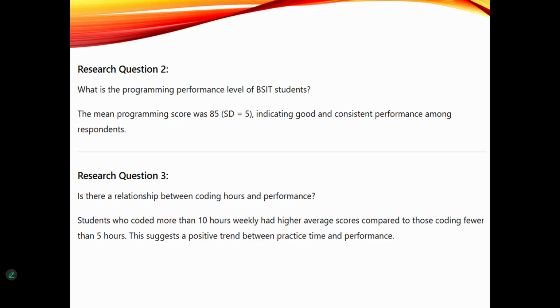So the research question number 3, is there a significant relationship between coding hours and performance? So the answer, students who coded more than 10 hours weekly had higher average scores compared to those coding fewer than 5 hours. This suggests a positive trend or a positive relation between practice time and performance.